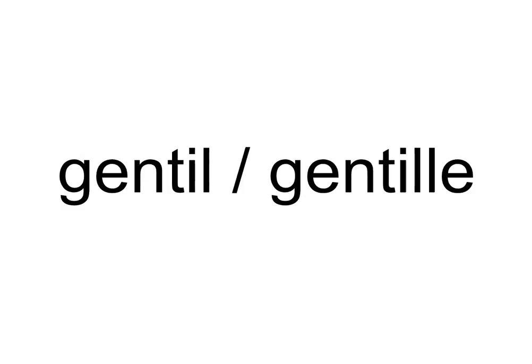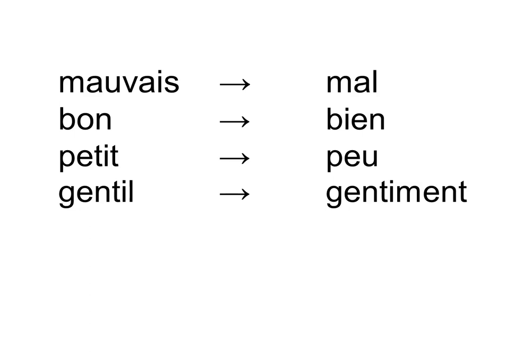There's really not too many of them, those that are used most frequently. So this is the irregular one here. This is gentiment, nicely, kindly. Okay. So just memorize the irregulars. For example, mauvais becomes mal, bon becomes bien, petit becomes peu, gentil, gentiment.